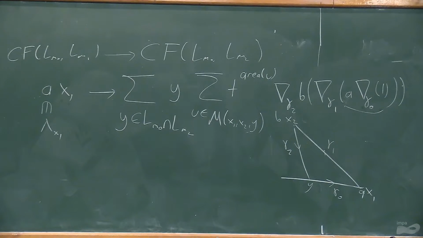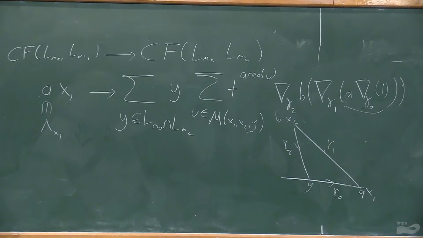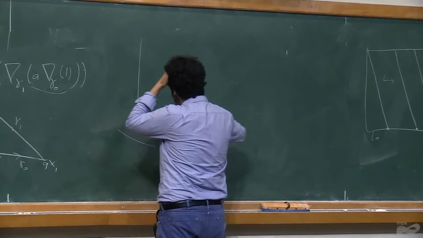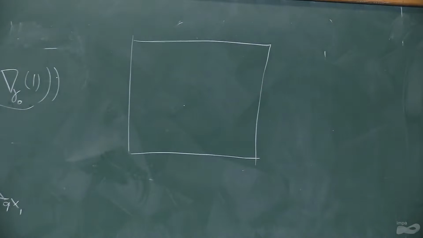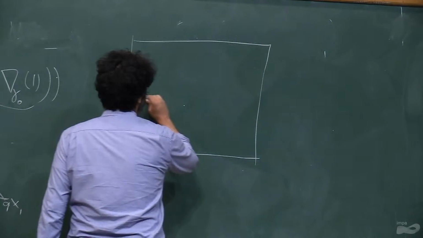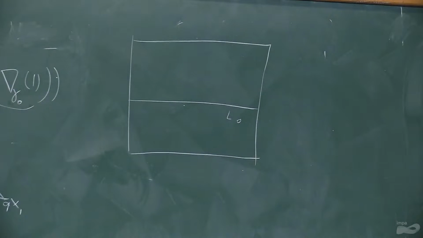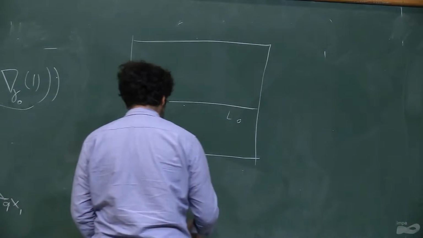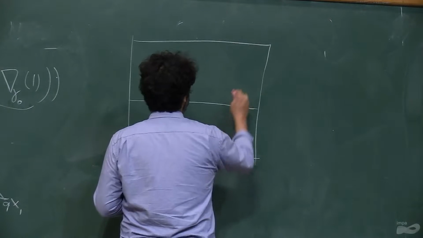Okay. So let's see. Let me explain what happens. So here's what's interesting. So here's the first example, and it was really this one that I wanted to get to. So here's L0. I shifted it, but it doesn't matter. Just L0. And let me equip this torus with a field, and I will do that by drawing this line.